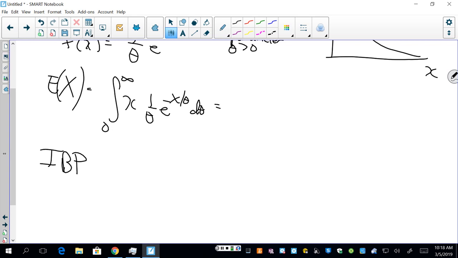An integral of the e to the negative x over theta can be done pretty directly, but with the extra x out here, there's a little complication. So this integration by parts, we can use our calculus. You break it up into two pieces and call them u and dv.